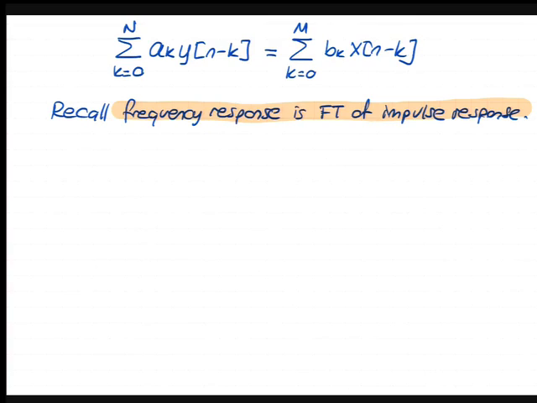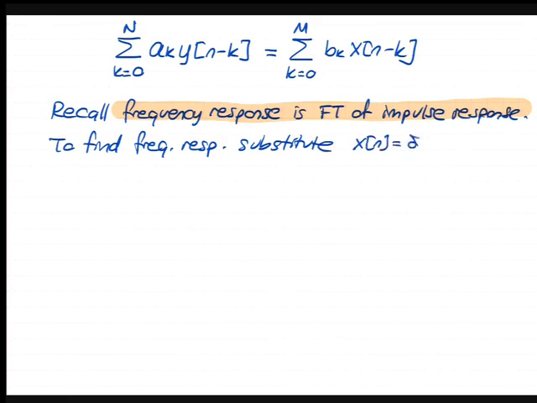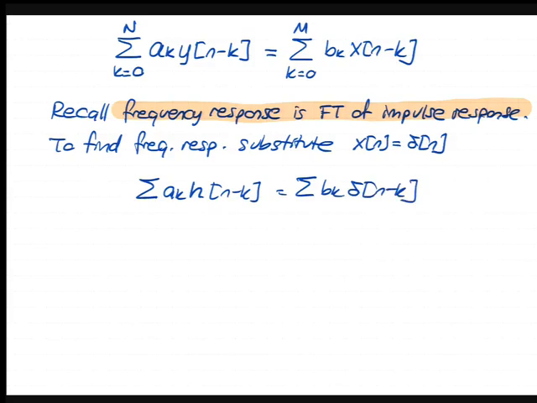And how do I find the frequency response? That's actually fairly easy. To find the frequency response, substitute for X the impulse, and what that gives me is the impulse response: sum of a_k h[n minus k] equals sum of b_k delta[n minus k], all right?